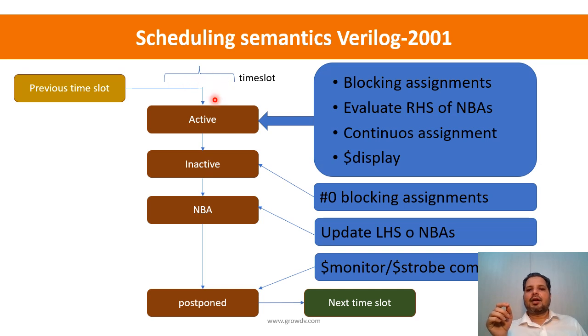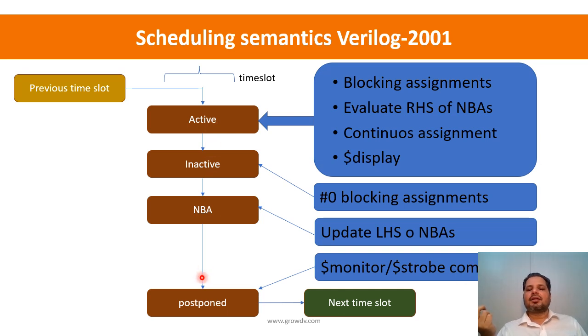At 10 nanoseconds all your affected blocking assignments will take place, and the RHS of NBAs will get evaluated. Any continuous assignments will take place, your $display will take place, and then it will move on to the inactive region execution where your #0 blocking assignments will take place. And in the NBA region we would assign the LHS with the RHS value that we had evaluated in the active region, and then in the postponed region $monitor and $strobe will take place.